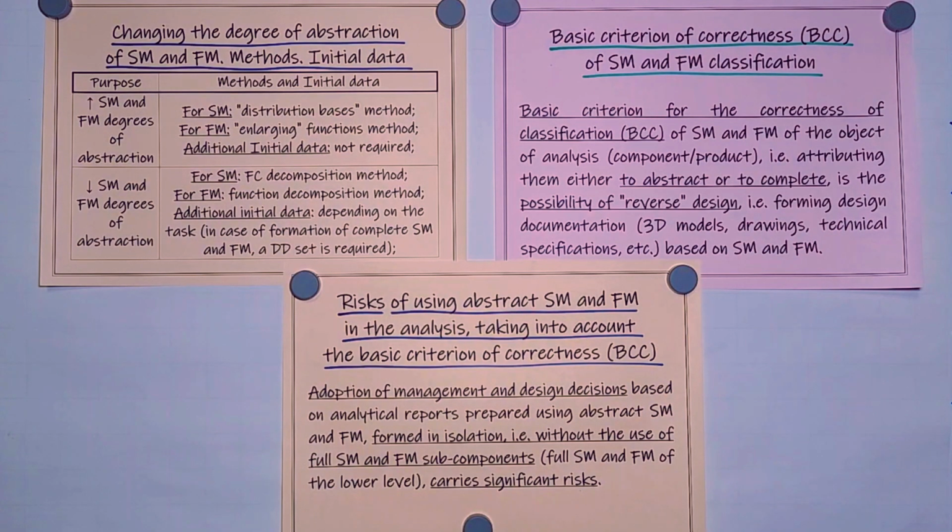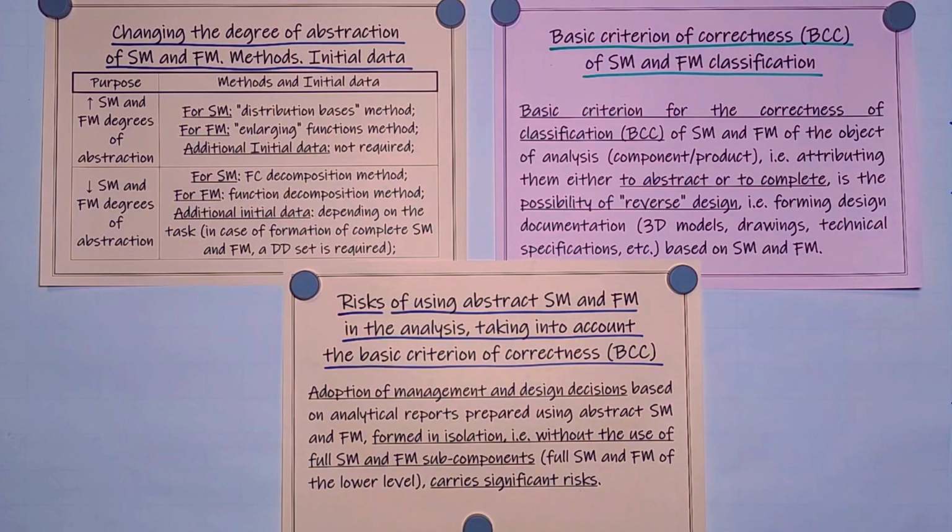The use of the term basic is aimed to emphasize that in the first approximation the set of structural models can be divided into two sets, full structural and abstract structural models. Similarly, the set of functional models can be divided into two analogous sets, full and abstract functional models.